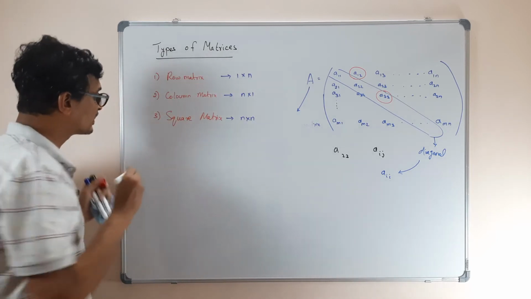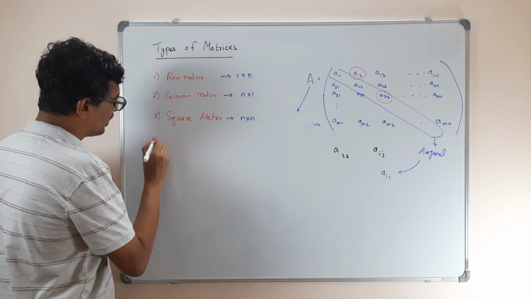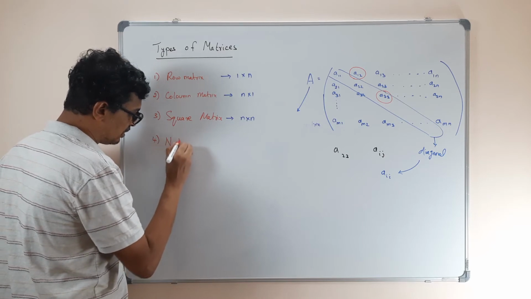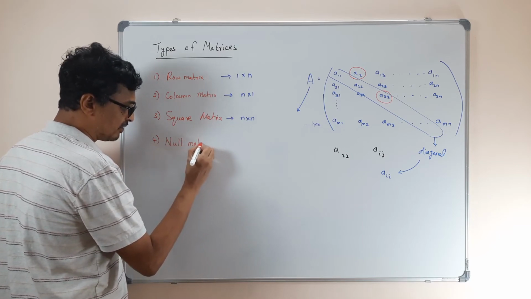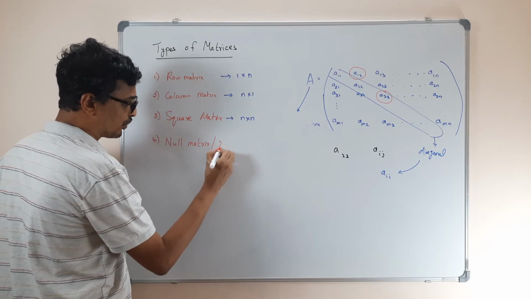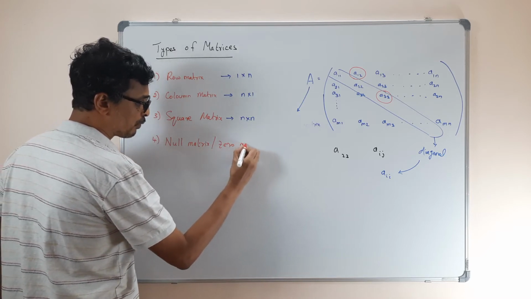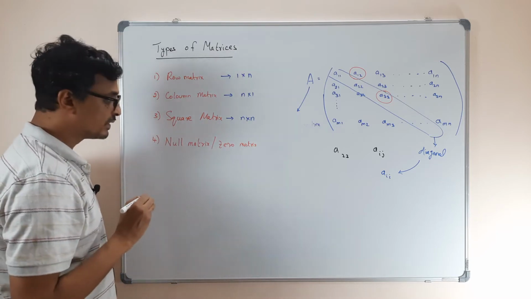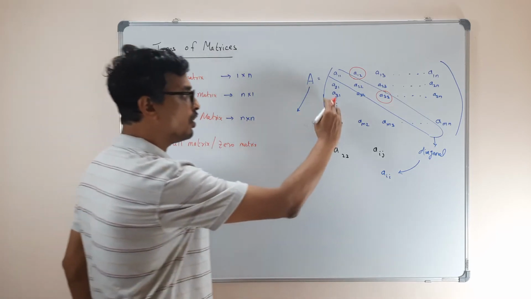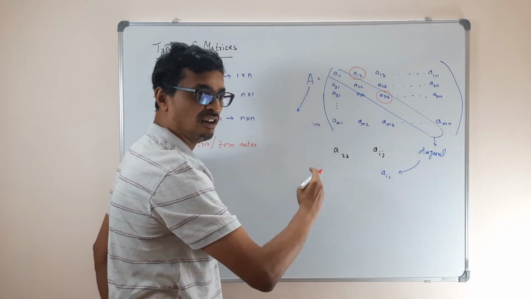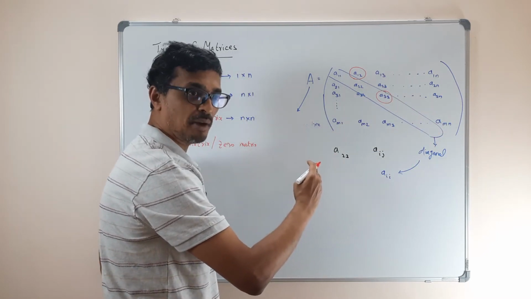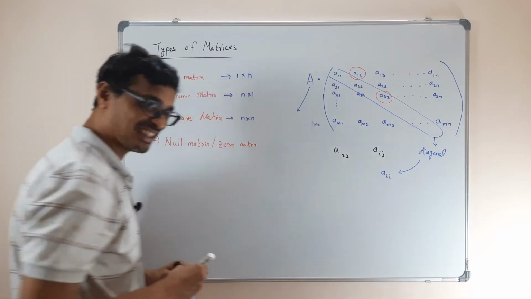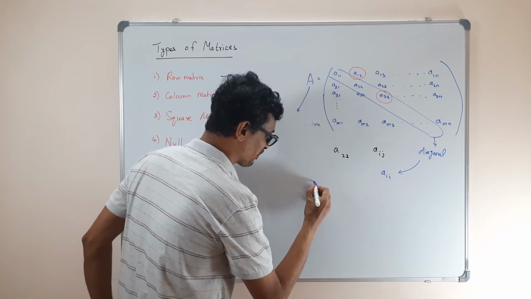There's another matrix called the null matrix, or zero matrix. If all elements are 0, you'll ask why on earth I need such a matrix. There are times you will need it, and I'll tell you.